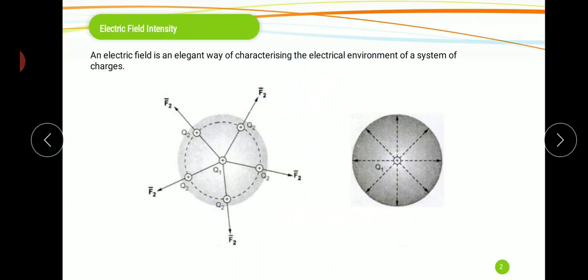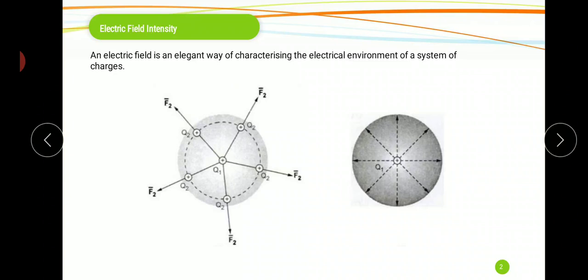Now in this session we discuss the electric field intensity. So here there is a charge plus Q1. Around the charge, the space consists of an electric field.